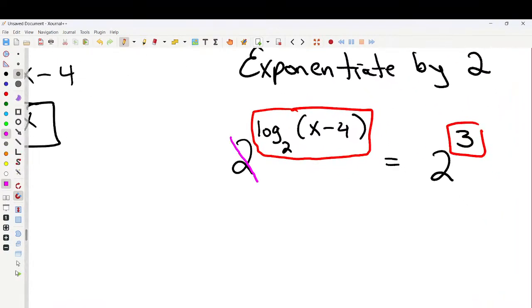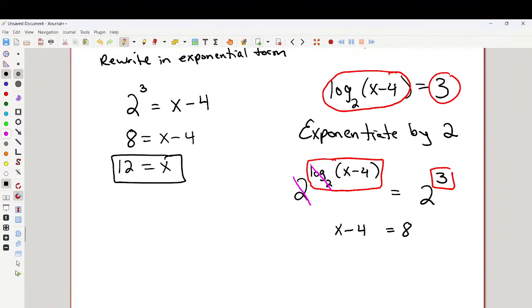This base 2 and this log 2 cancel out. You're left with x minus 4 equals 8. Just like we had if we used method 1. X minus 4 has to be 8. Adding 4 to both sides, you get the same answer.